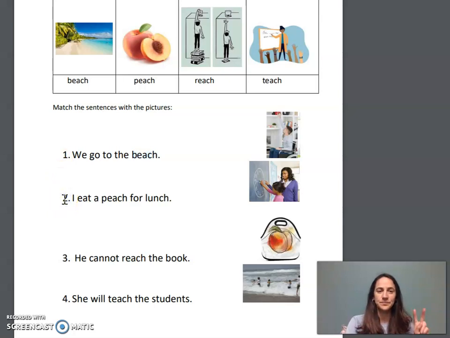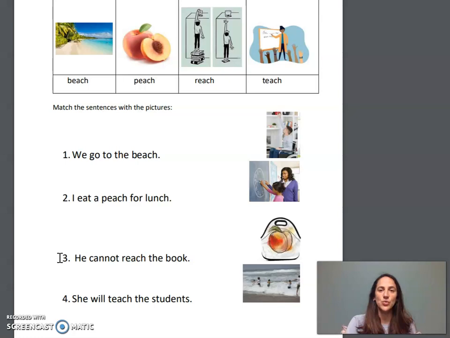Number 2. I eat a peach for lunch. Find the each word. Yes, peach. Now find the picture. Excellent. I eat a peach for lunch. Number 3. He cannot reach the book.